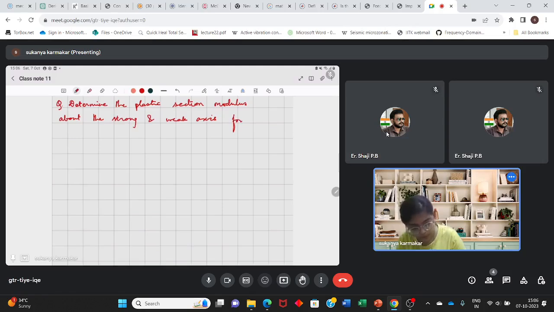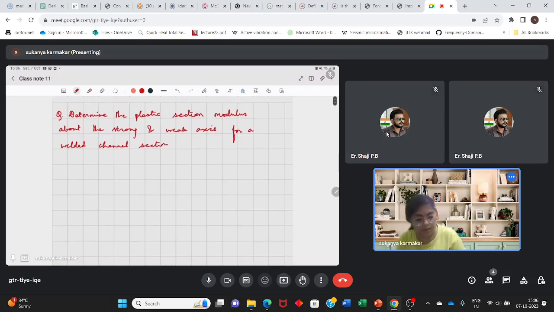For a welded channel section. Plastic section modulus is ZP, which you require while calculating the design bending strength. And we had discussed that clause in the previous class. I've shown you that clause from IS 800.